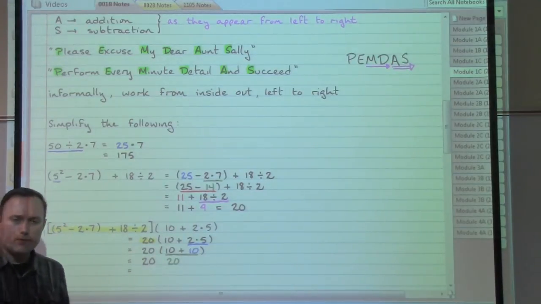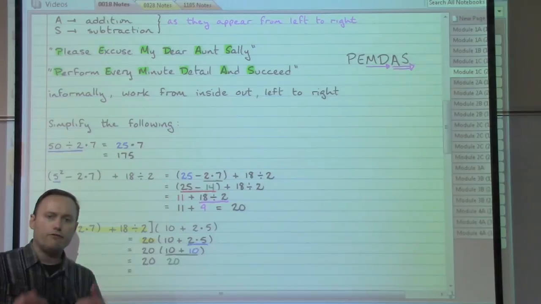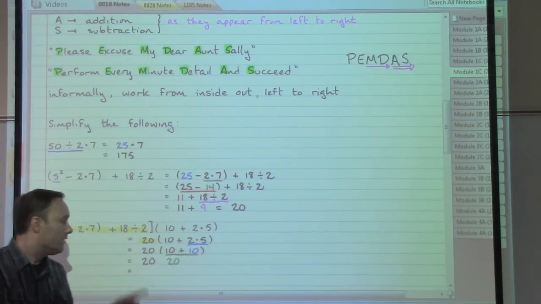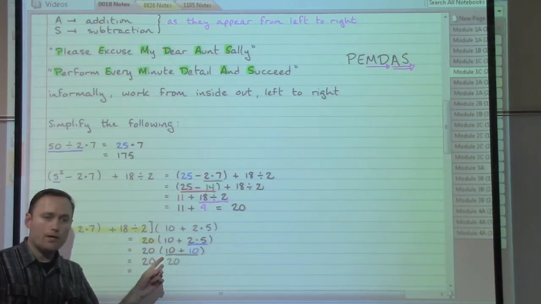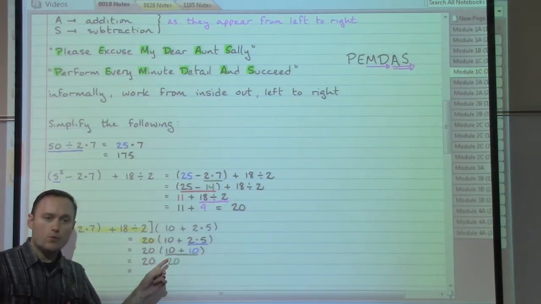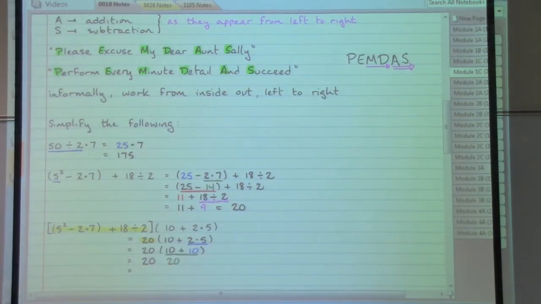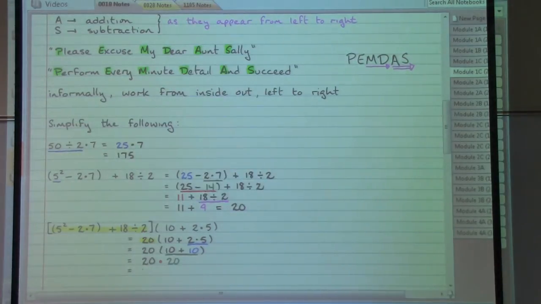Well, without any symbol showing up, we're going to default to multiplying. So, if we want to get rid of the parentheses around the green 20, then we would need to remember to put in, by default, a multiplication symbol of some sort. And 20 times 20 gives us our final answer here of 400.